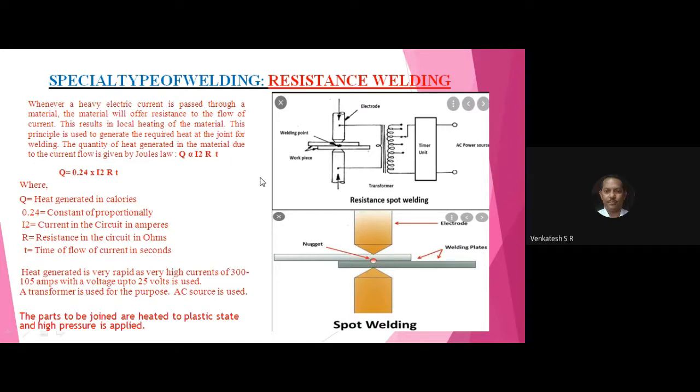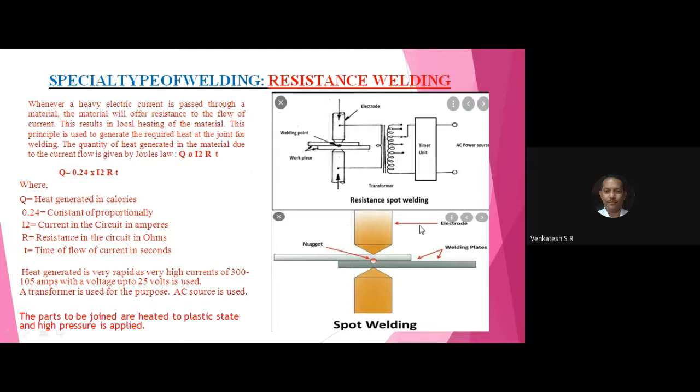Just open and see the door or the backside of the almirah, which is joined by the resistance welding process, that is spot welding. At a distance of 10 or 20 centimeters, they join the sheets to the other sheet using the spot resistance welding process.